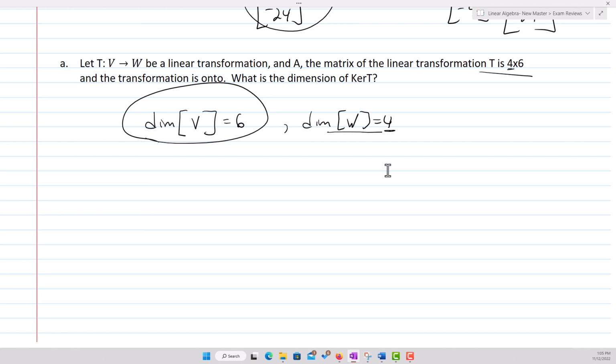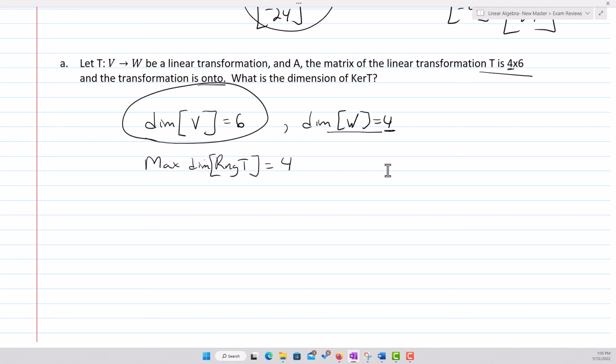So the max that the dimension of the range of T can equal is, in fact, 4. That's going to limit what's happening when we use general rank nullity. We do, however, know that the transformation is onto.